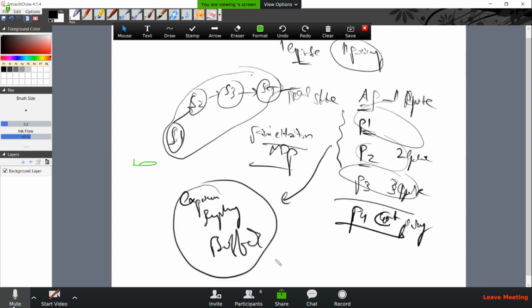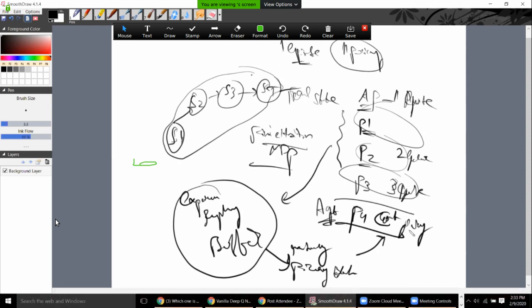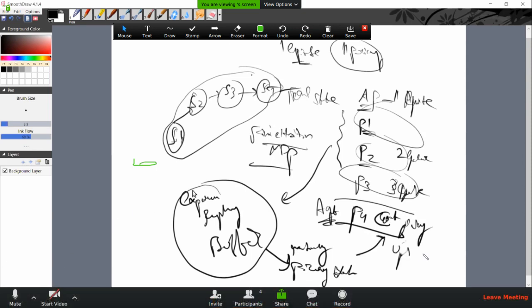Then you take this buffer, randomly sample, randomly pick some batch, and then use it to update your agent, whatever the policy updation is. So this is your current policy updation. This is off policy.